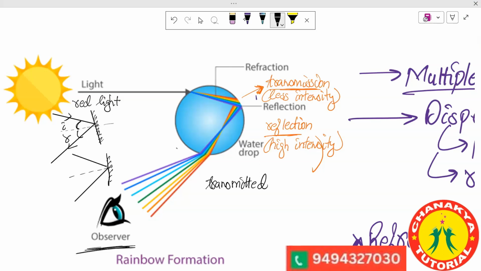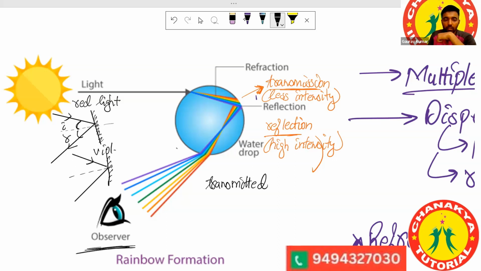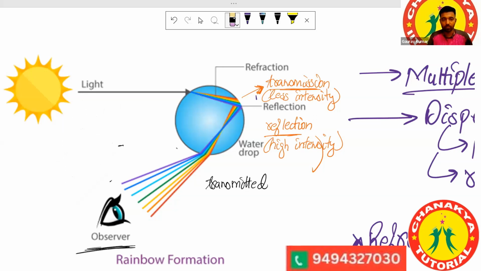Highest is violet and lowest is red. The angle of incidence of violet is small as compared to red. How? See this. This light is coming like this and it is going like this, whereas this light is coming like this and is reflected in this direction. Let me make it again. Let me make these all the same. I will take red and violet only.